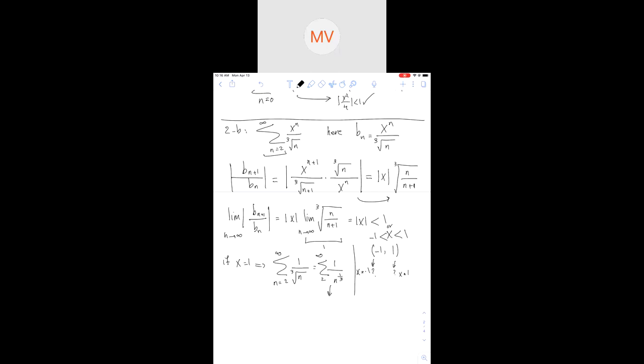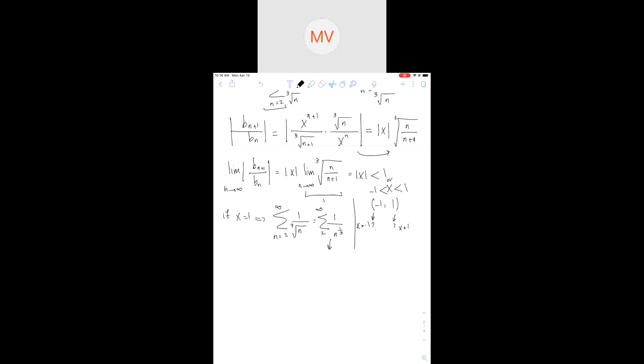Converges, diverges, and why? That's a p series with p equal 1/3. 1/3 is less than 1, therefore it diverges. That means we cannot add the endpoint 1 into the interval of convergence. So that side stays the same.